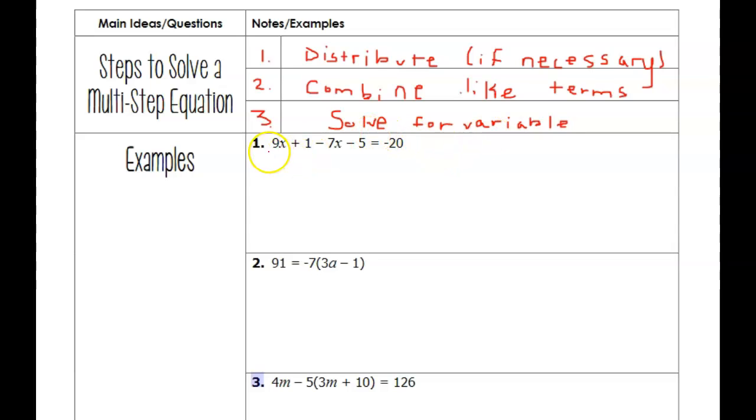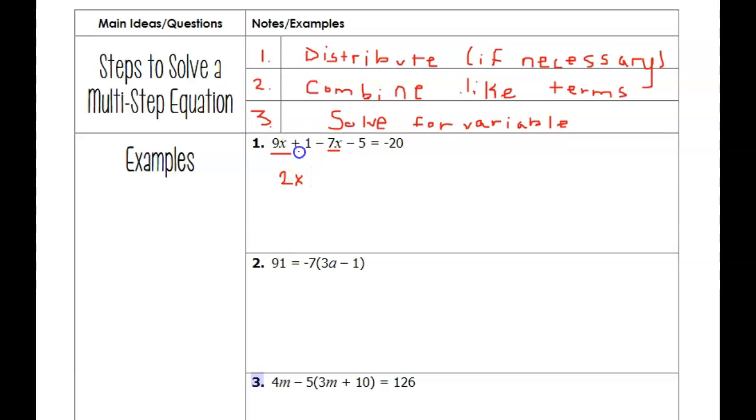So I'm going to look at the terms that are the same and put them together. I notice I have two terms that have x's, my 9x and my minus 7x, and I put them together. How many x's do I have? 9 minus 7 is 2, so I got 2x.